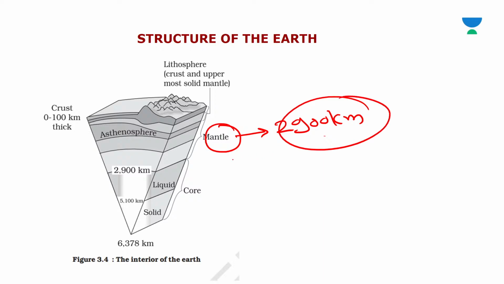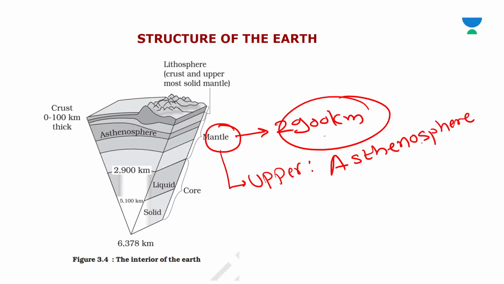The upper portion of the mantle is called asthenosphere. The word astheno means weak. It is considered to be extending up to 400 kilometers.